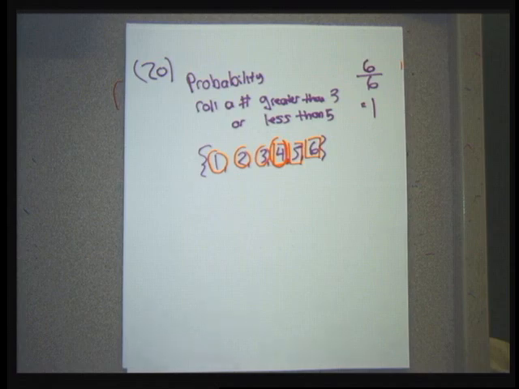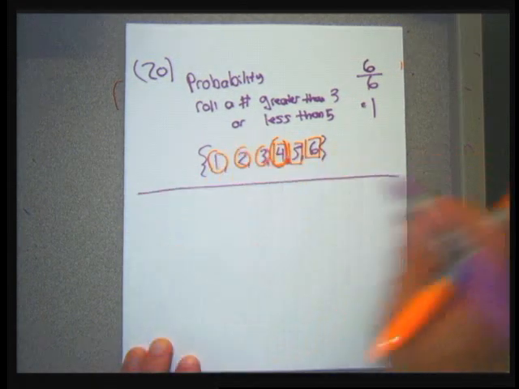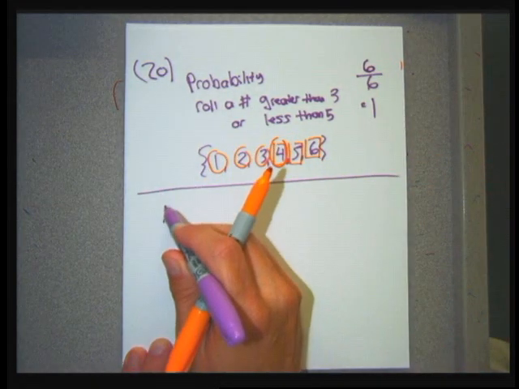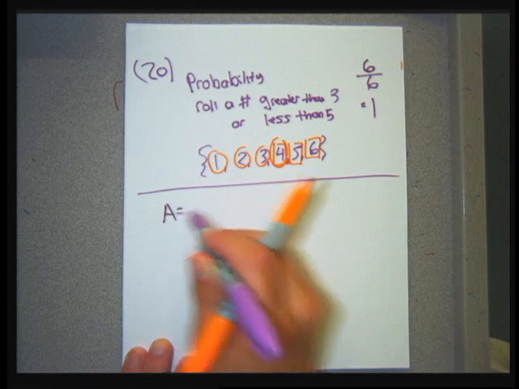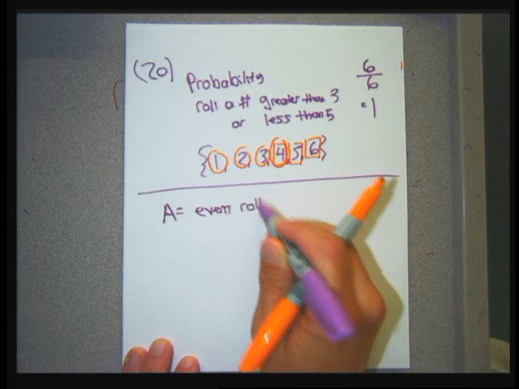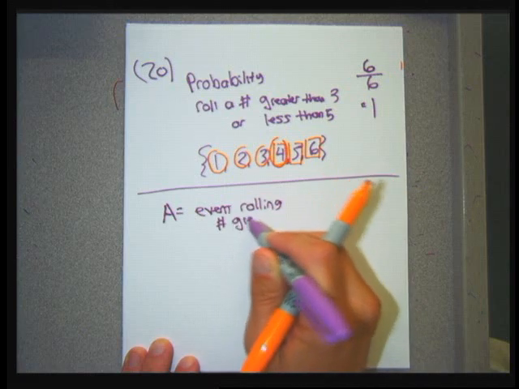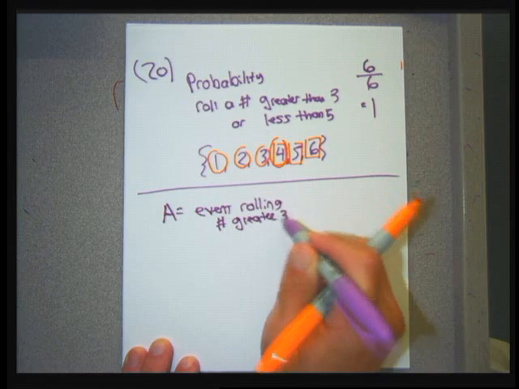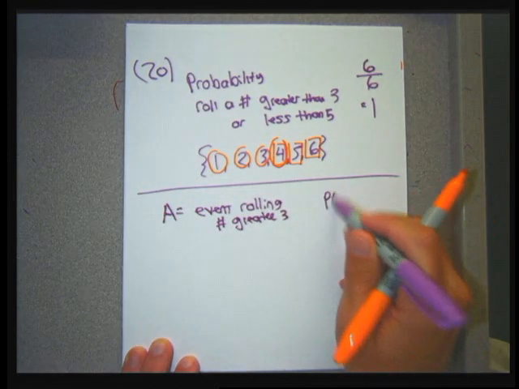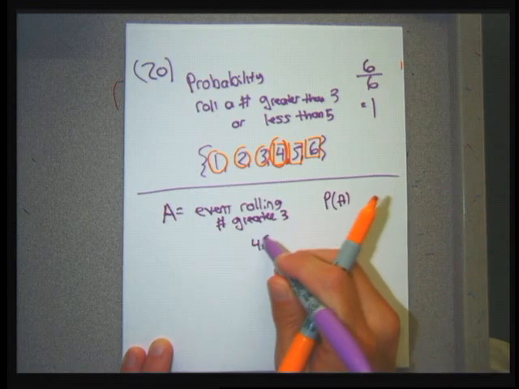Our author would want us to do the problem like this. So I'm done, I'll get the same answer. The author wants us to do this with a formula. The author would say, let A be the event of rolling a number greater than 3. And then the probability of A, the numbers that are greater than 3 are 4, 5, and 6.